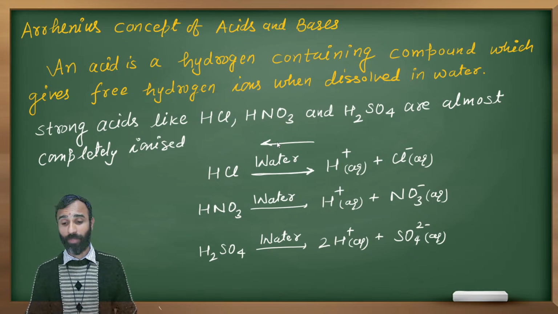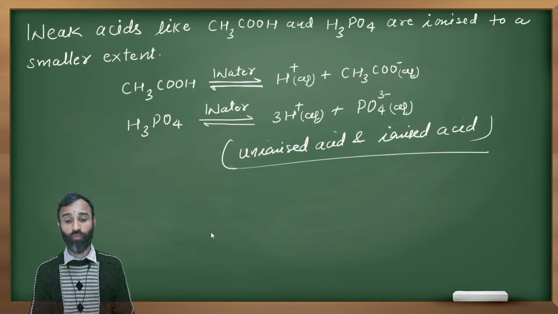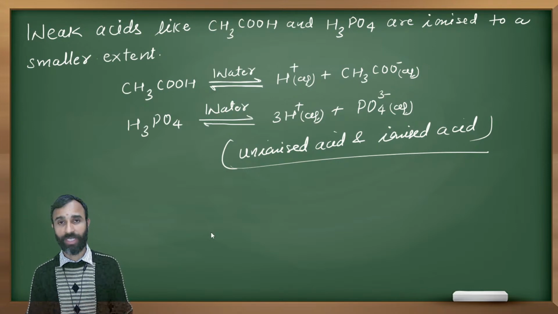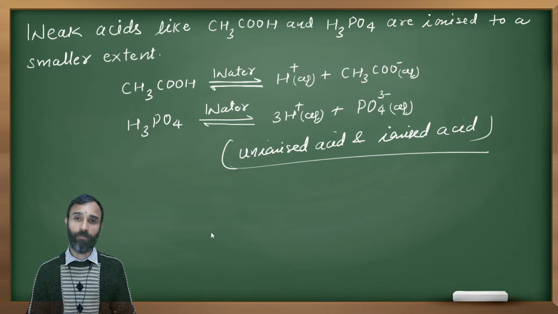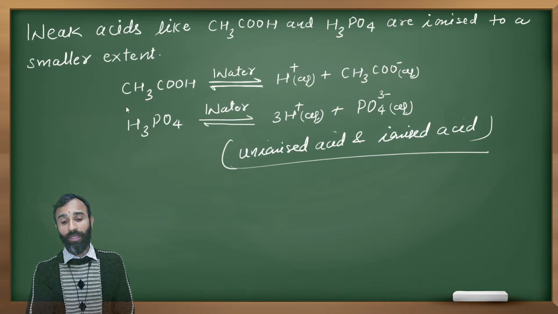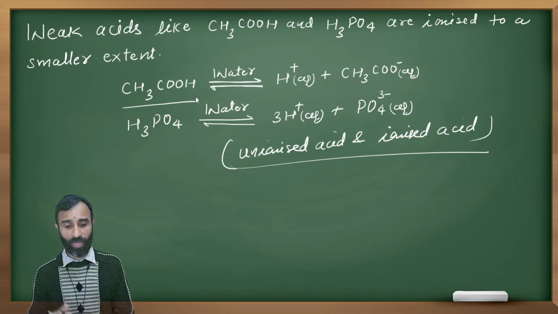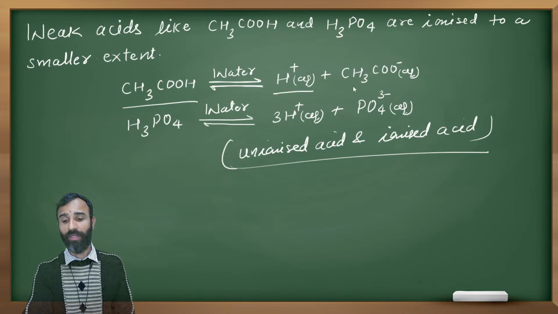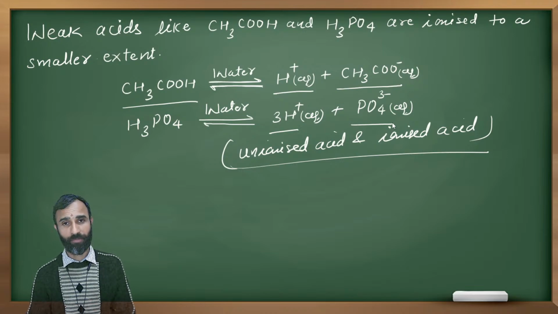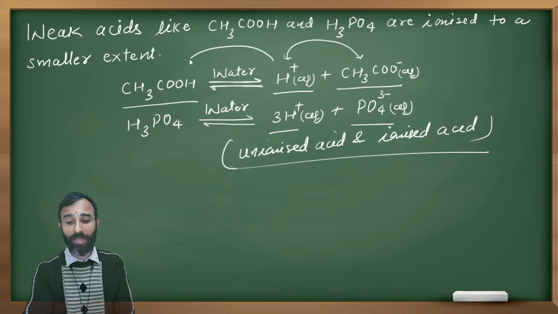But when we talk about weak acids like acetic acid, phosphoric acid, then there is an equilibrium because they are feebly ionized, meaning they ionize to a small extent. So it will give H plus ion, acetate ion, H plus ion, phosphate ions. And H plus ion can combine with acetate ion to give back acetic acid.